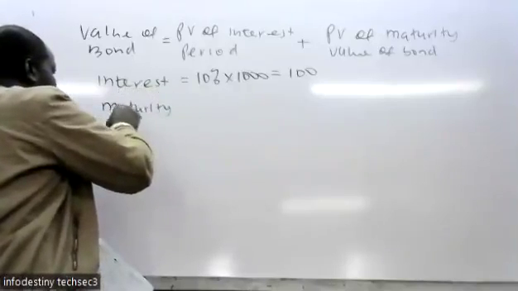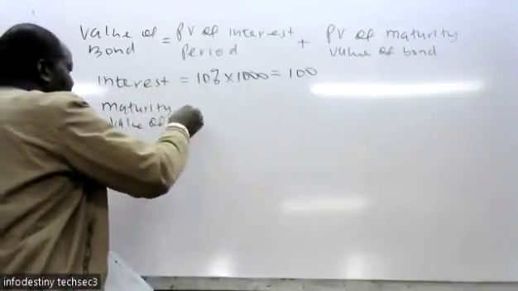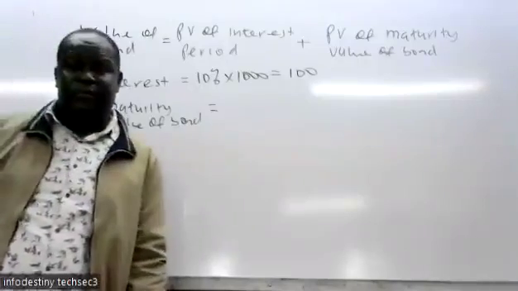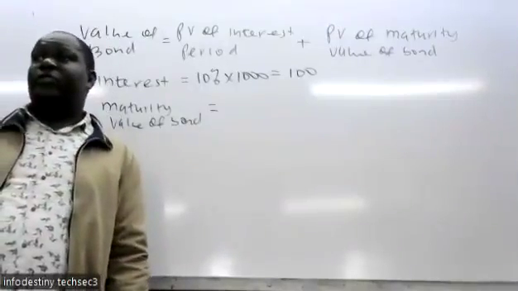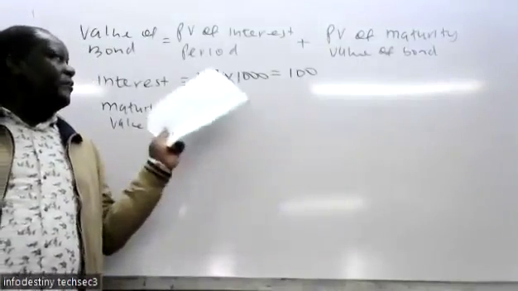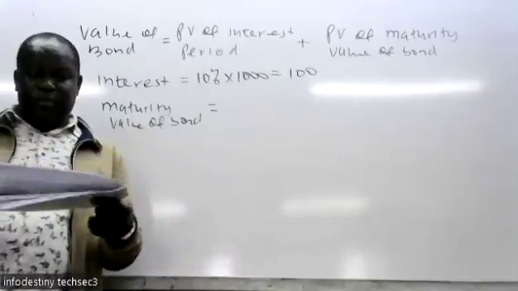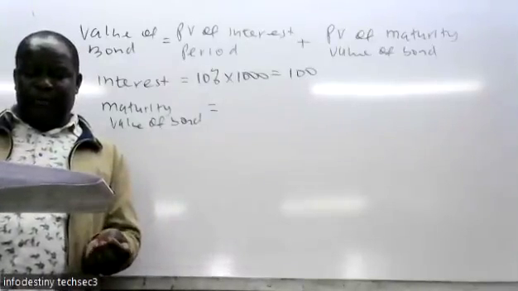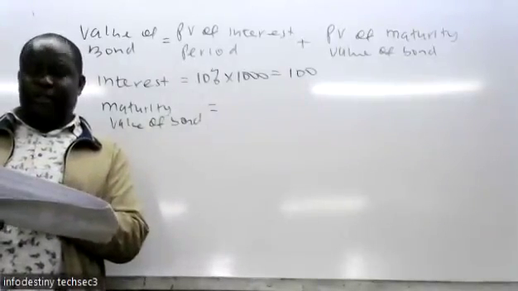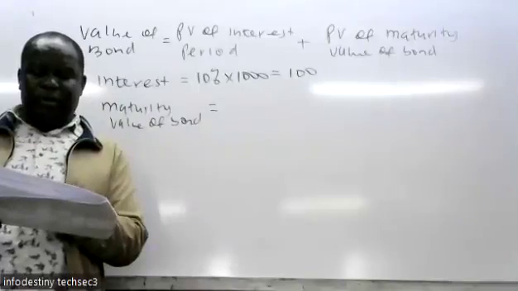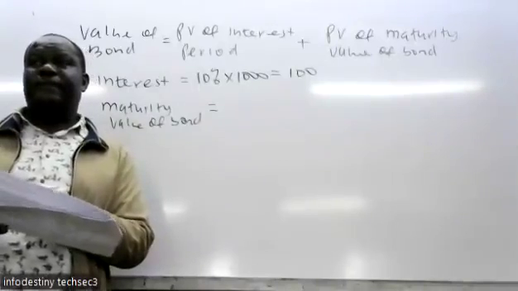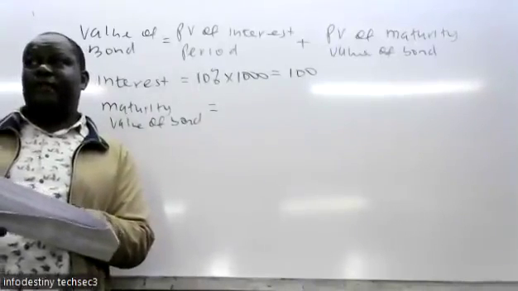So when you want to get the maturity value of the bond, you take the par value today, which is earning interest of 10%. Remember, it was issued on 1st of July 2018, but it is supposed to mature on 30th June 2028. That's a difference of 10 years, isn't it?